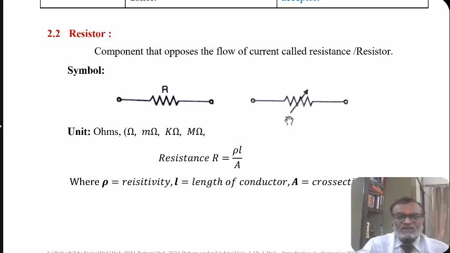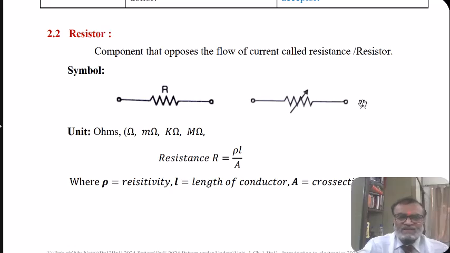The arrow terminal indicates the variable terminal, whereas the two extreme terminals are the terminals in which the resistance is always fixed.